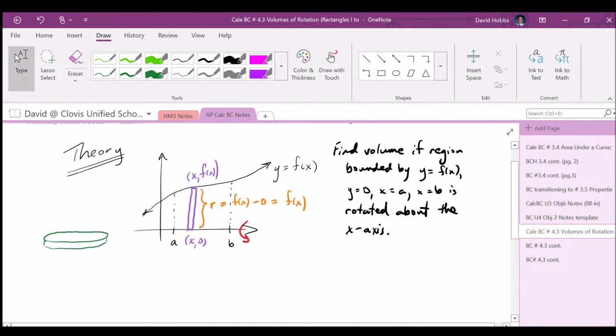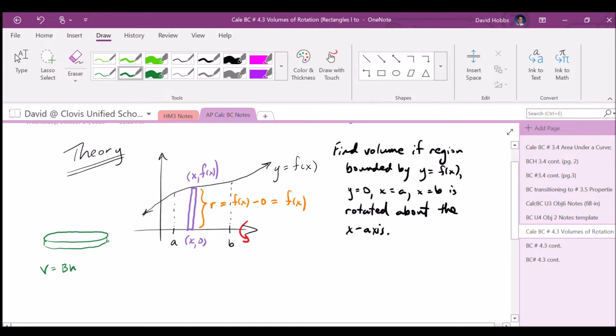How would I find the volume of that cylinder? The volume of the cylinder is the base area times the height. The height is the thickness of the coin, so it's either going to be a delta x or a delta y. If they're vertical rectangles, then it's a delta x.